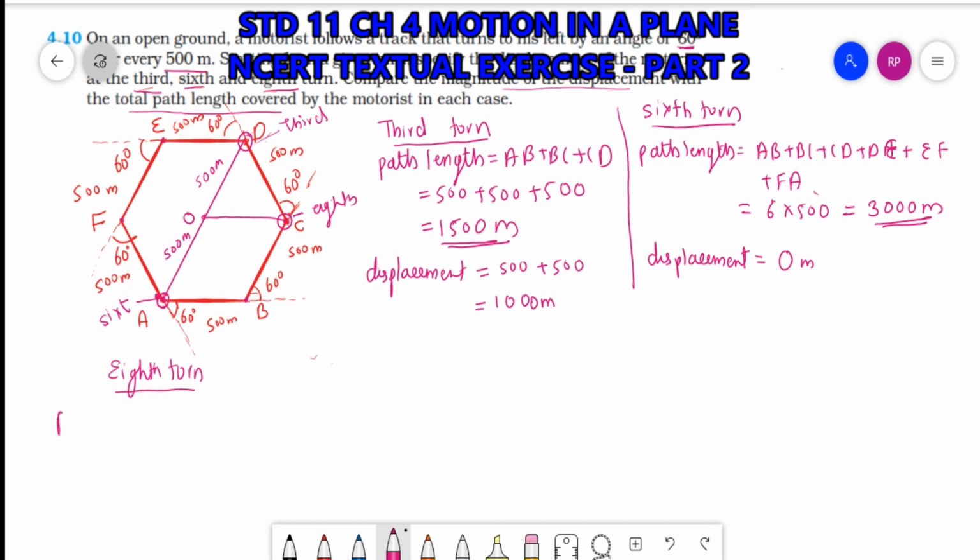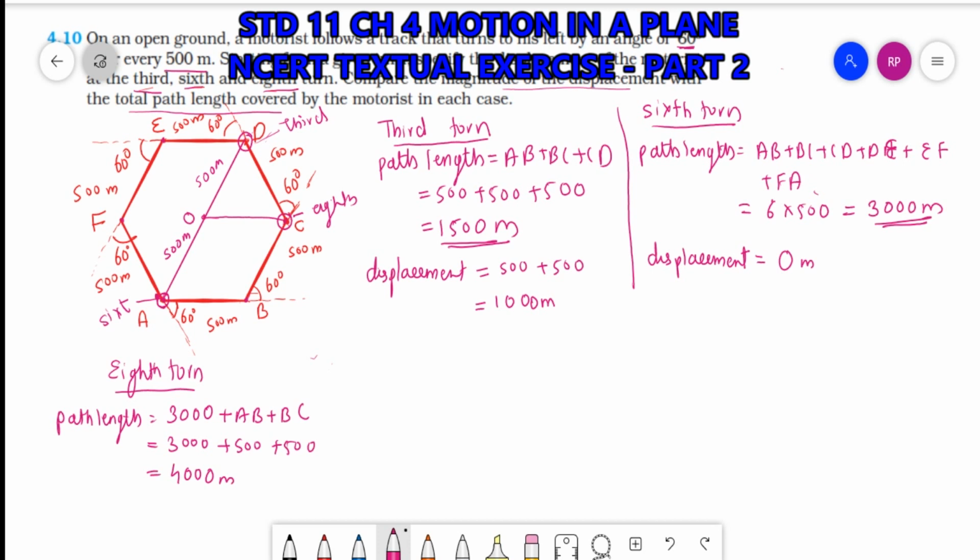The path length will be first the complete perimeter of the hexagon, that is 3000 meter, plus AB plus BC. So this will be equal to 3000 plus 500 plus 500. So that will be equal to 4000 meter.